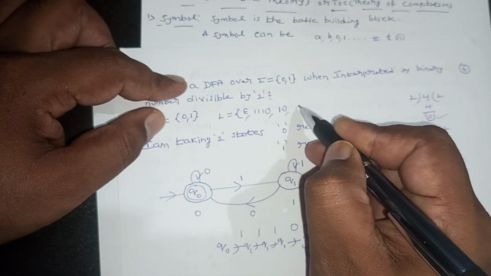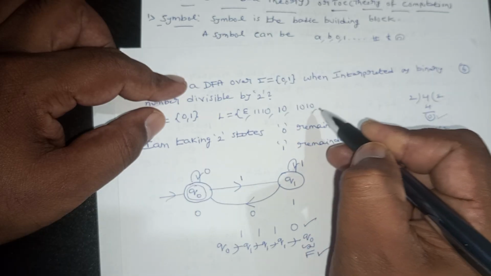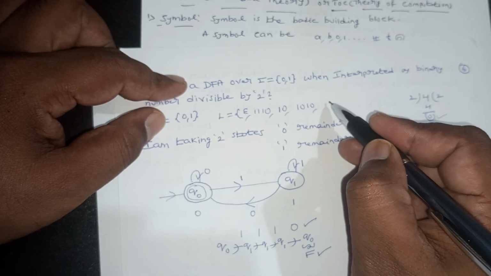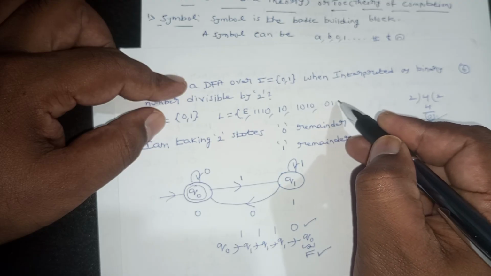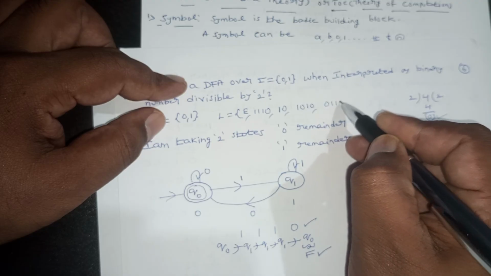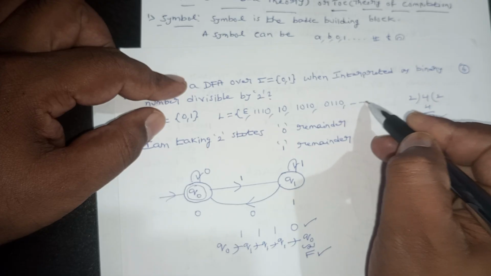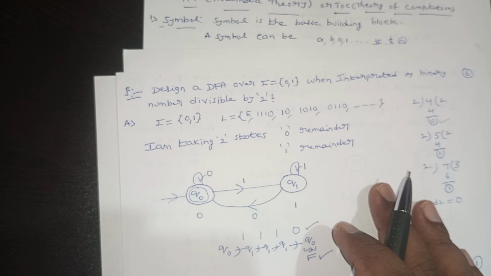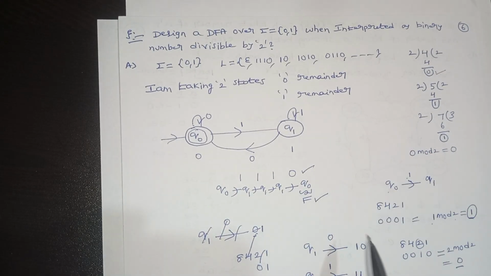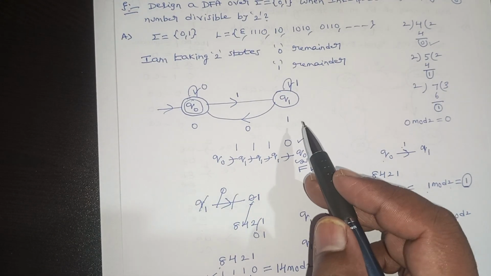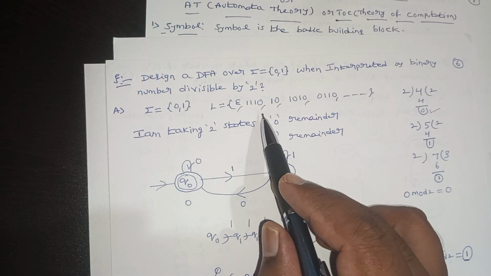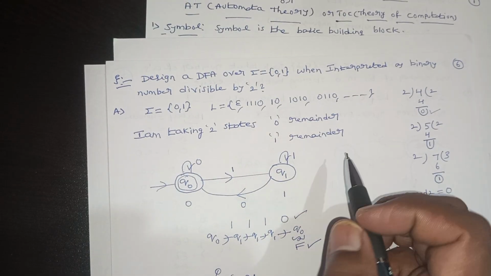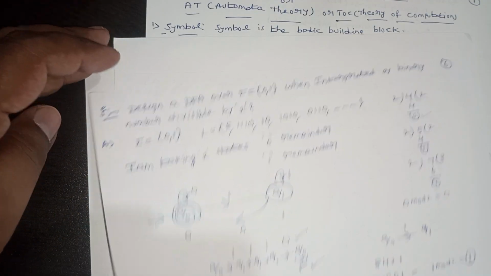Okay, and then 1 0 1 0. And then 0 1 1 0. So these are the strings in the language. Okay, so at the start I didn't know what the strings in the language were. So when you write like this, I am able to know what the strings in the language are.